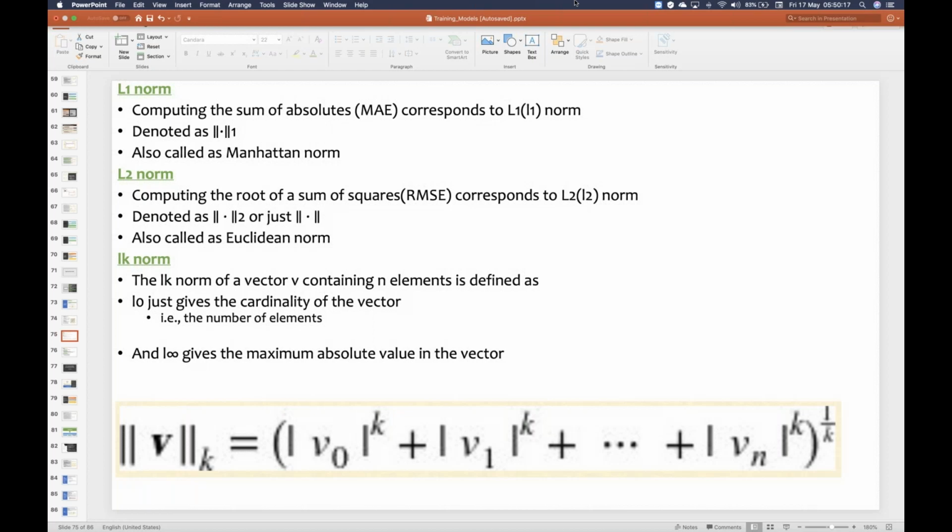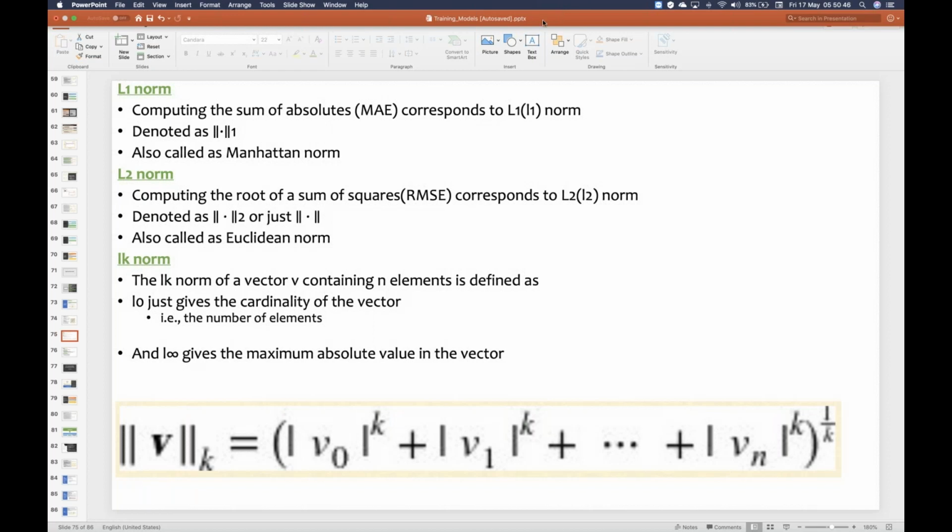It runs in the background, but we are not concerned about it. So just remember, L1 norm is about mean absolute errors, L2 norm is about root mean square errors, and LK norm is all about finding the norm of the vector V containing n elements. L0 gives the cardinality of the vector and L infinity gives the maximum absolute value in the error.